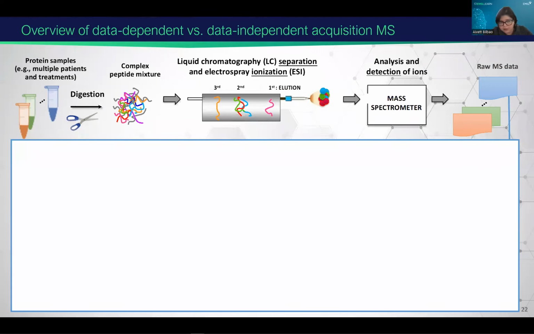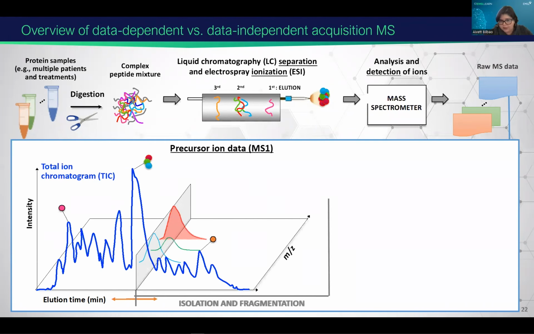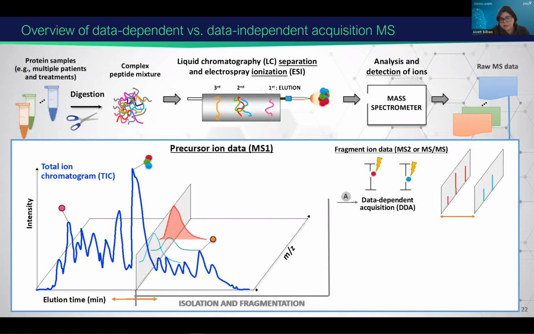In this example I have proteins, and the mass spectrometer collects data as the molecules in the samples are separated in a chromatography column. In the standard workflow, the instrument detects ions on the fly and then selects the most intense ones to collect MSMS spectra. MSMS spectra is what allows software tools in the downstream analysis to assign the sequence to the molecules.